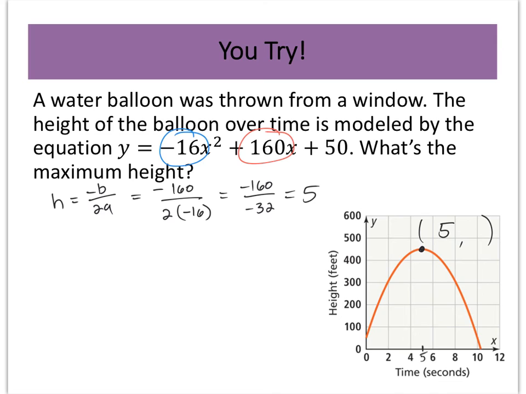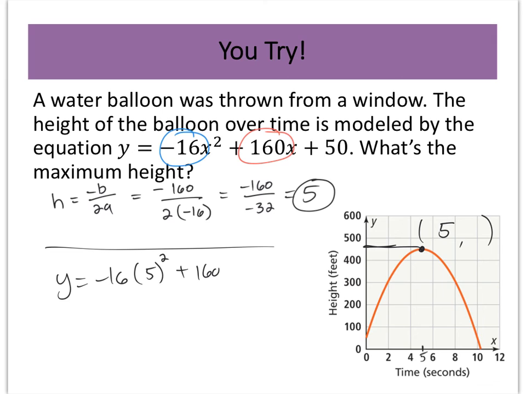But that's not the height. We're looking for the height. We're looking for this value here, and we're not quite sure what it is. So we have to substitute the x value of the vertex back into the equation. So we've got y equals negative 16 times 5 squared plus 160 times 5 plus 50.